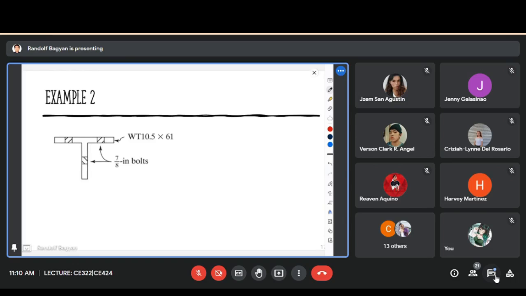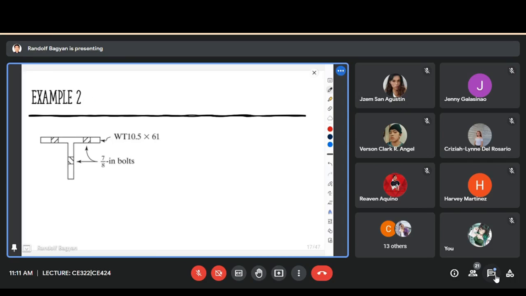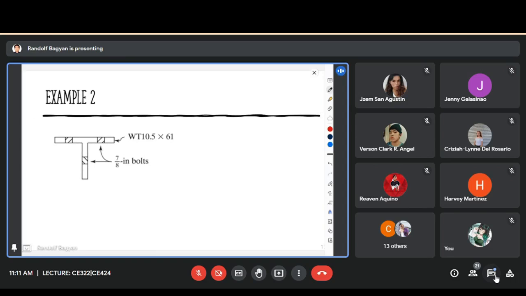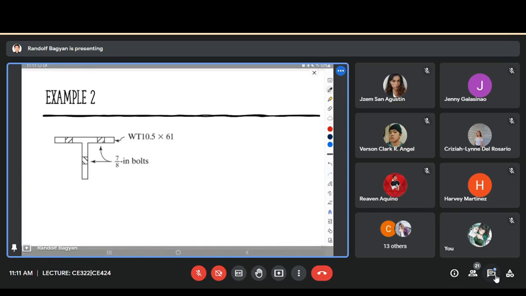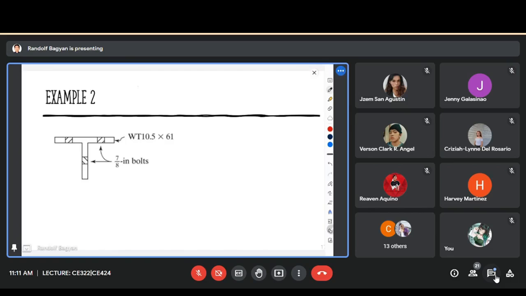So we look at this section of WT 10.5 by 61, that would be yung kalahati ng section na W 21 by 122. Okay, so let us look on this section W21 by 122.